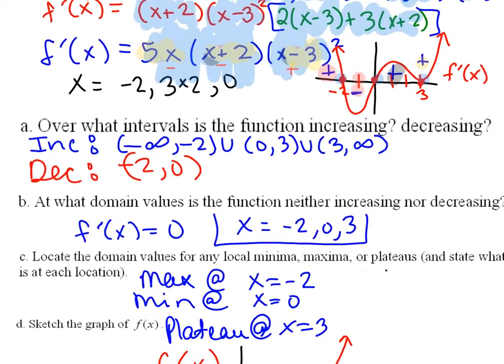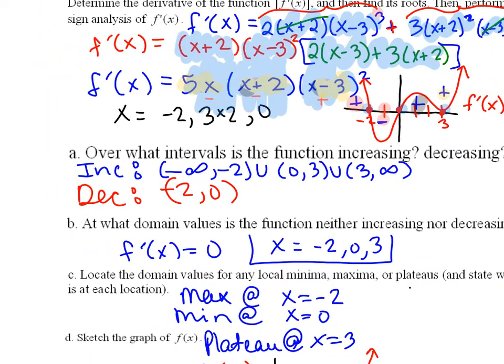So looking at that, let me use green to talk about it. We definitely have a positive from negative infinity to negative 2, but of course you do not include infinity or negative 2, because when the derivative equals 0, it doesn't tell you whether it's increasing or decreasing.